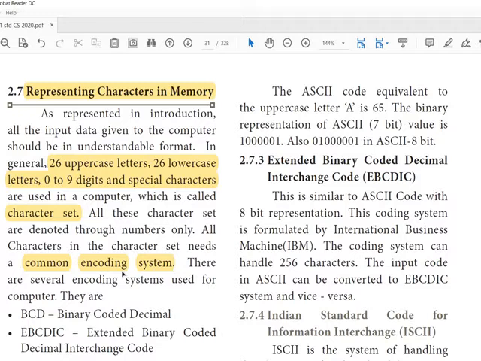Am I right? So there is a standardization. That means a key in the keyboard represents a particular number which is to be common throughout the world. So this standardization is given by the encoding system.